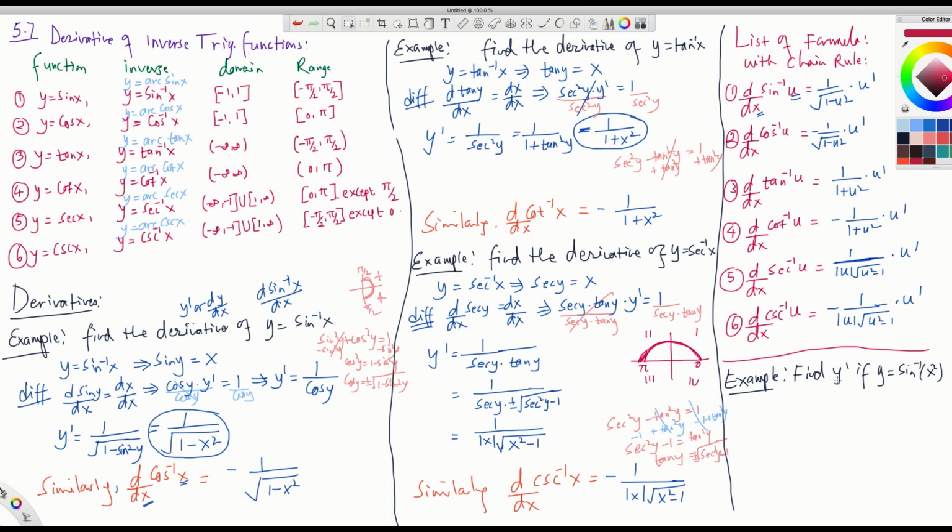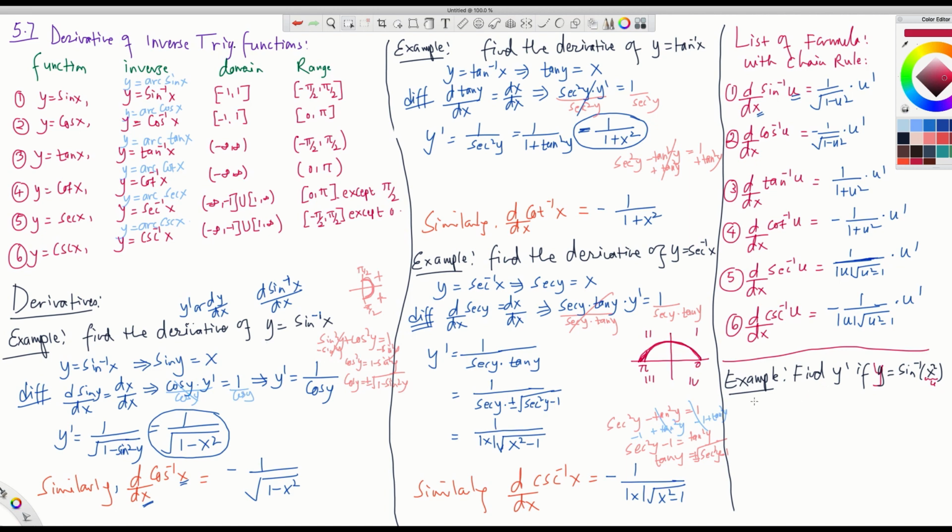Let's look at this one. You want to find y prime when y equals sine inverse of x squared. If it was sine inverse x, then the derivative would be 1 over the square root of 1 minus x squared. But instead of x, there is x squared. So what we do is assume that as u.